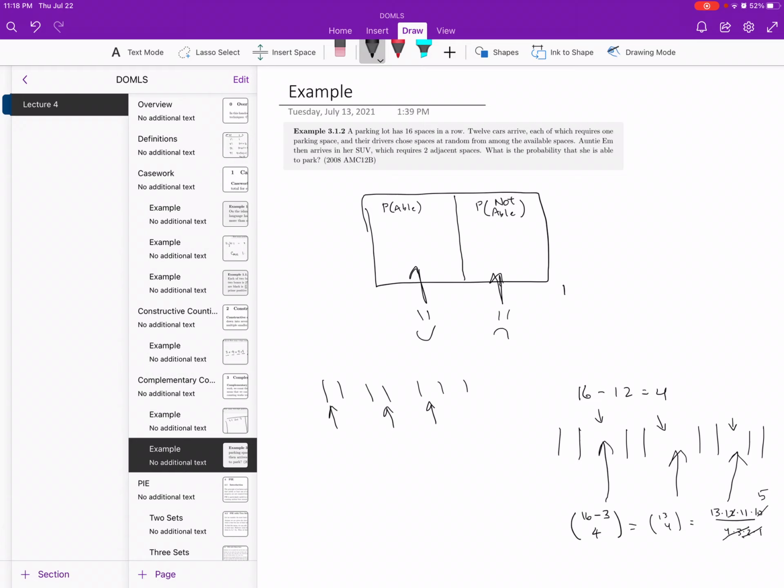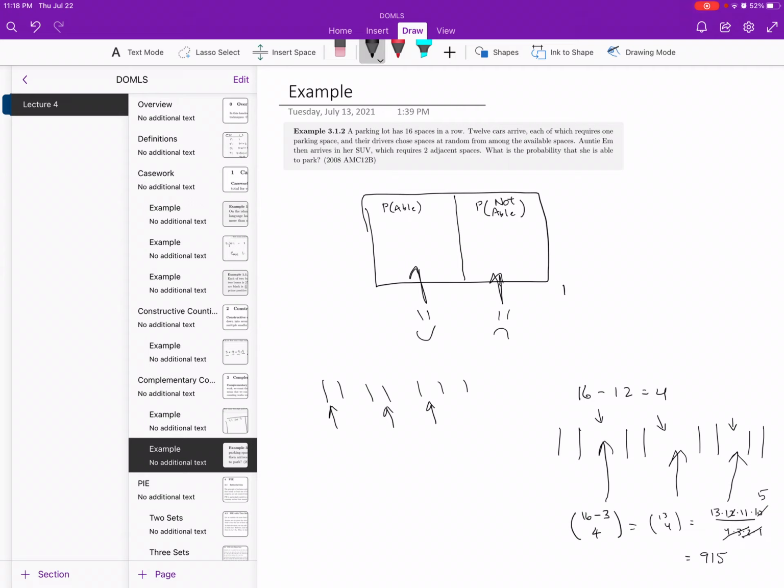So 13 times 11 is going to be 143, times 5 is going to be 715. So yeah, we have 715 different ways to choose those 4 spots.